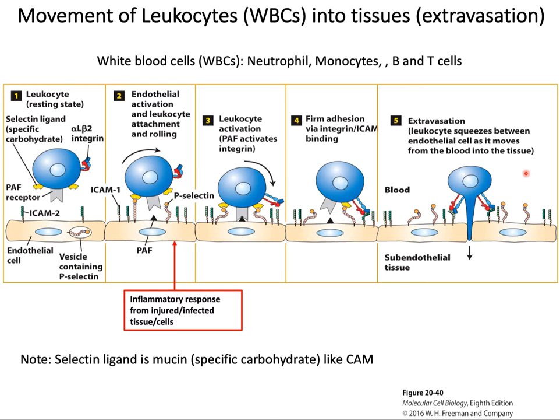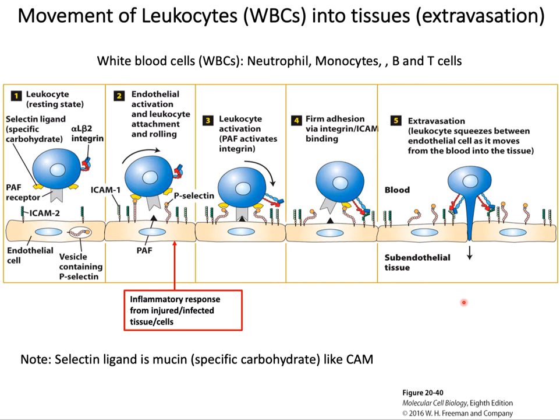And then the activation of the integrin can also activate the motility of the white blood cells, and that white blood cell can actually crawl through the spaces between the endothelial cells and move into the site of infection or the site of the injury as a part of the inflammatory response. So there you can see a combination of different cellular interactions.